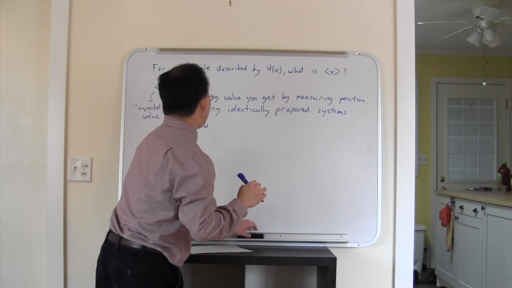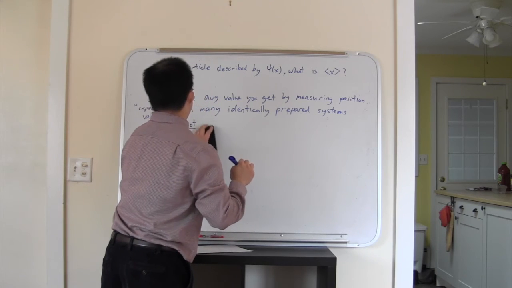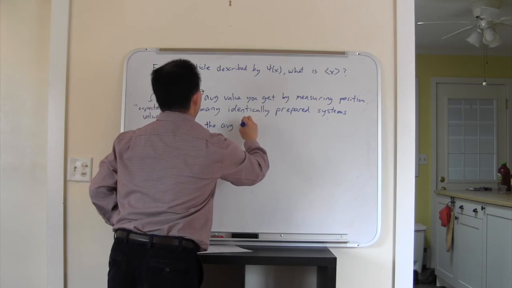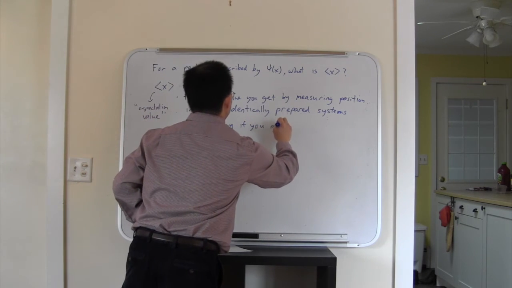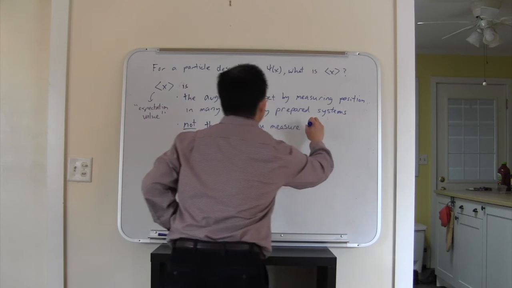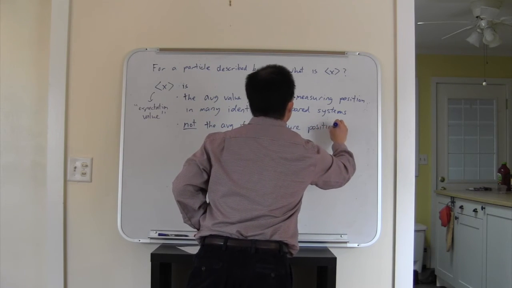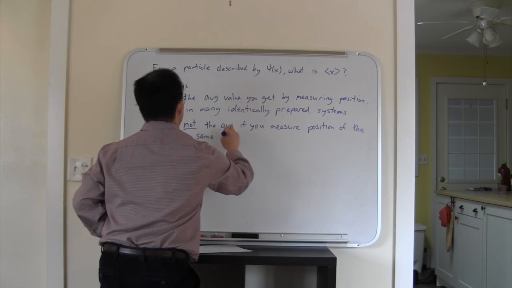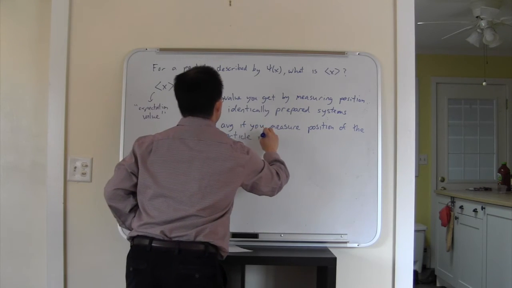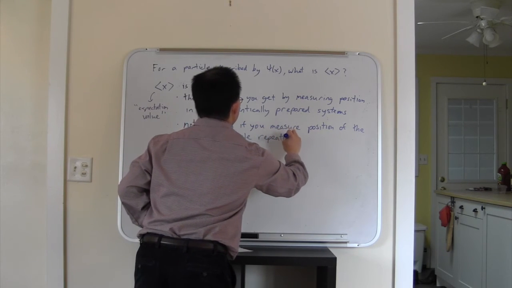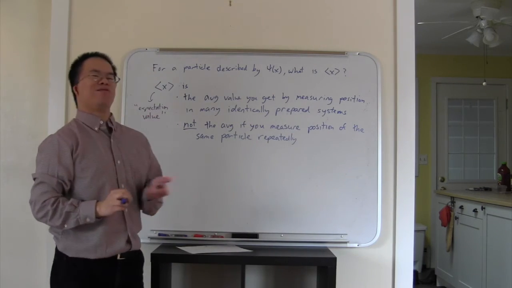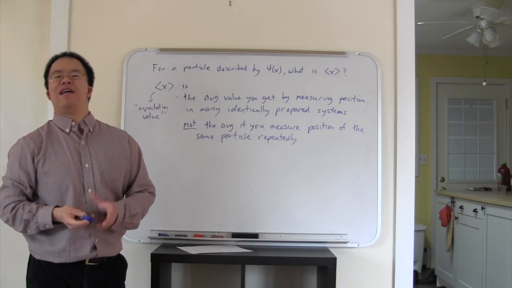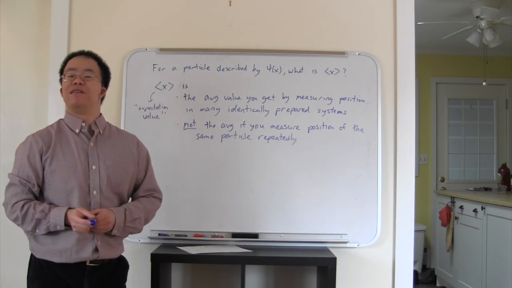Measuring the same particle over and over doesn't work that way, because, as we'll talk about later on, measuring something in quantum mechanics changes it in a really important way.